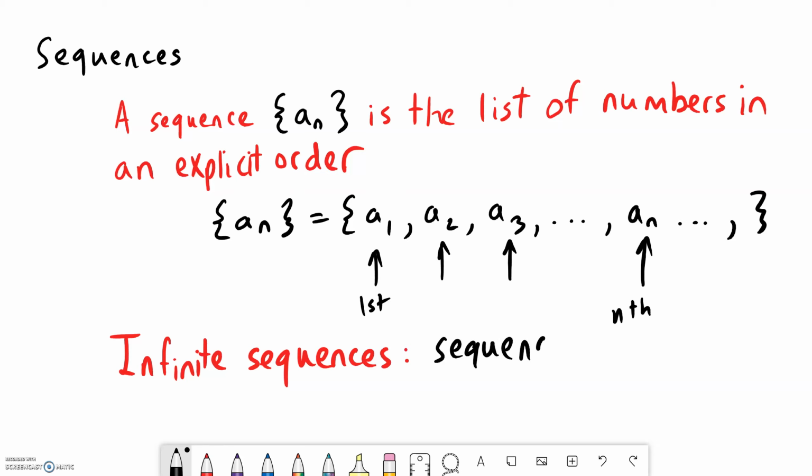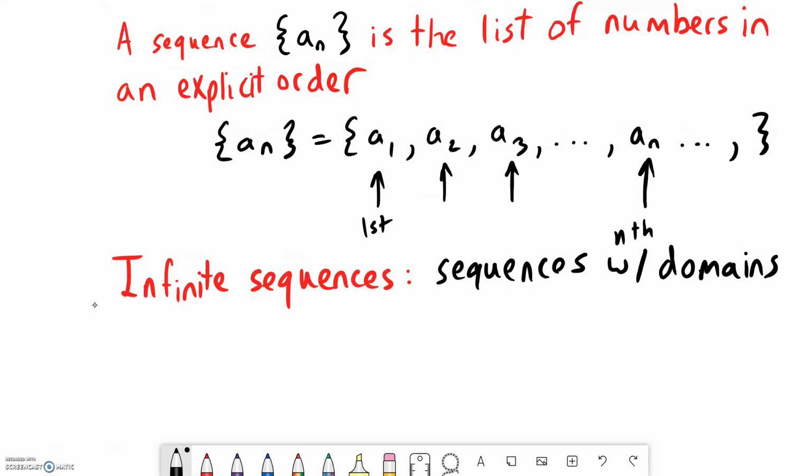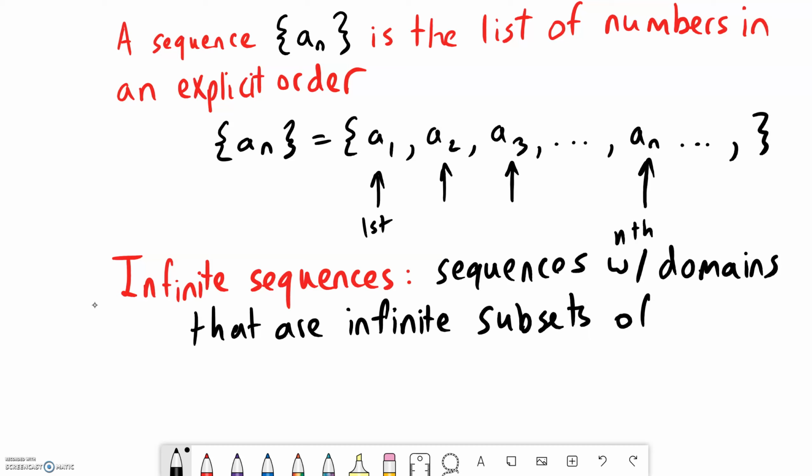sequences with domains, right? The inputs. Let me scroll this down now. There we go. With domains that are infinite. But specifically infinite subsets of positive integers, right?